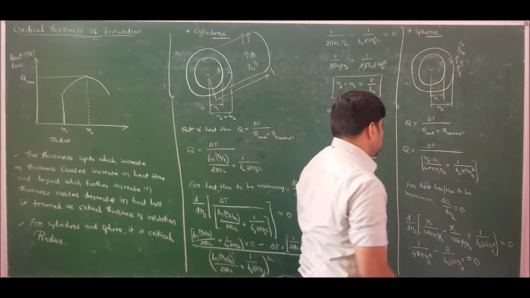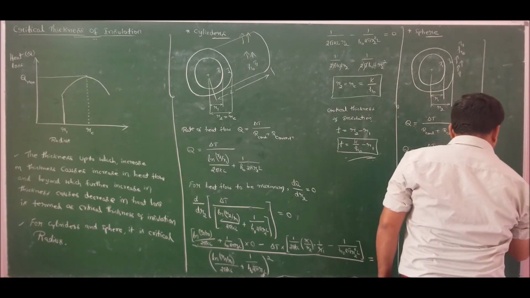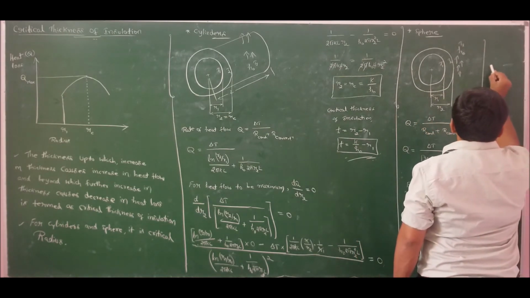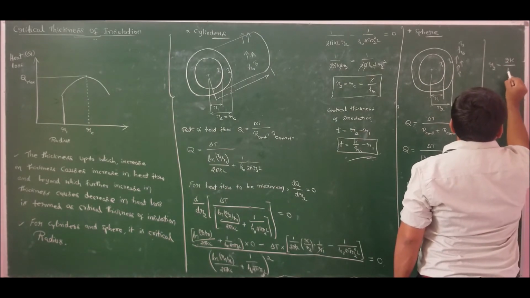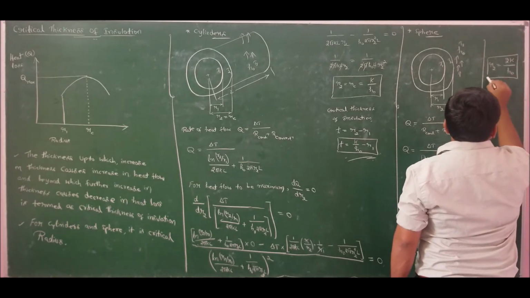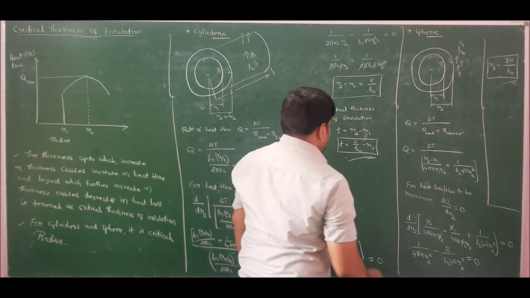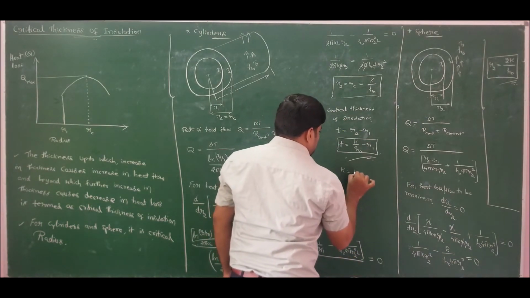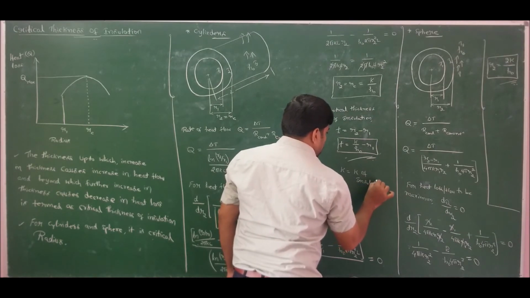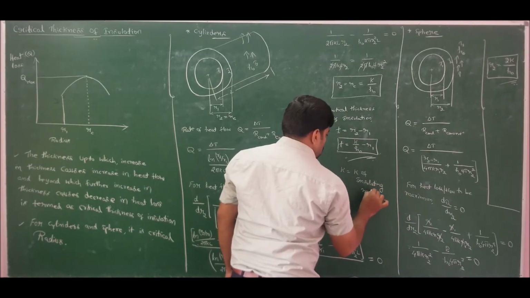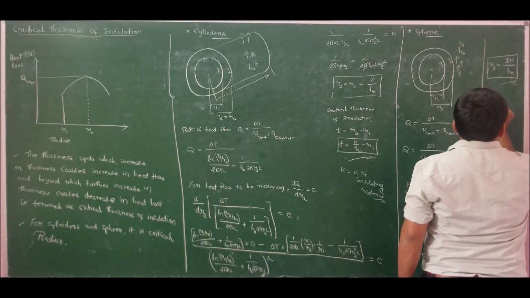If I cross multiply, I end up with the critical radius for sphere as r2 is equal to 2 times k by h naught, 2 times k of insulating material divided by h naught, where k is k of insulating material. Make a note, here also k is k of insulating material.